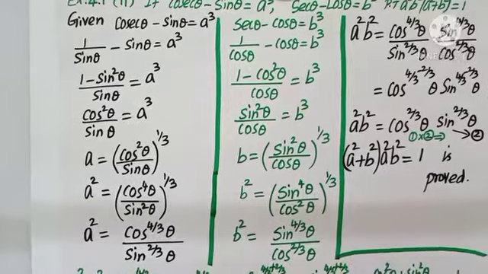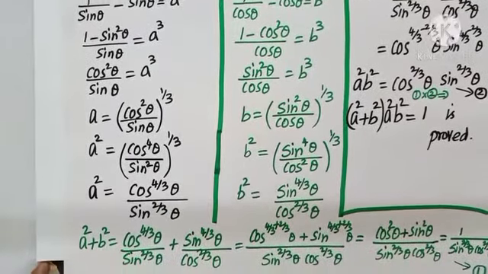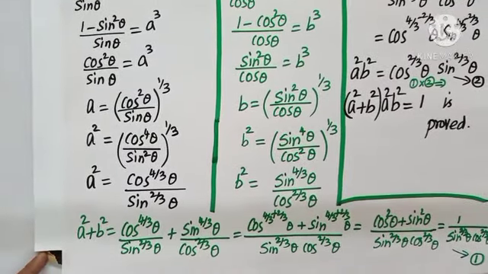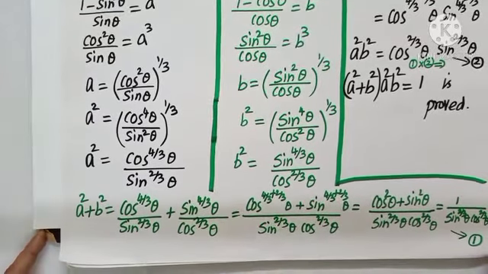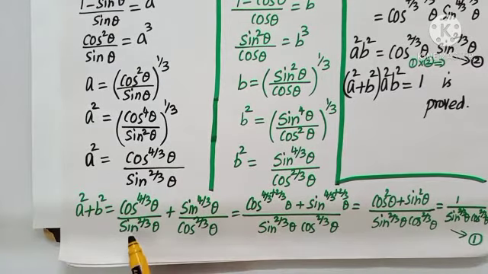Let us find out a square plus b square. LCM is the denominator, sin power 2 by 3 theta into cos power 2 by 3 theta. Cross multiplying, cos power 4 by 3, power 2 by 3. When I cross multiply cos into cos, add the powers.